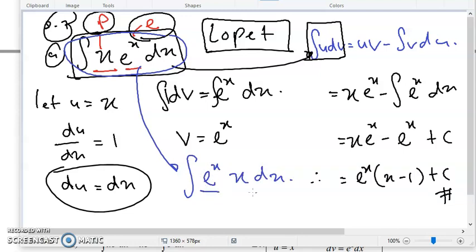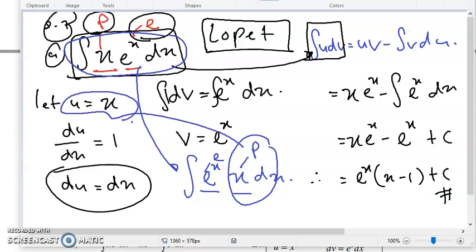We still have exponential, we still have polynomial. So this is exponential, this is polynomial. Still, the polynomial comes first by using the LOGPAD. So that's why we are going to let u is equal to x here. So I hope this explains how we can use the LOGPAD.